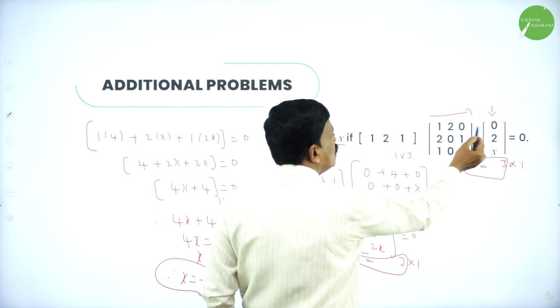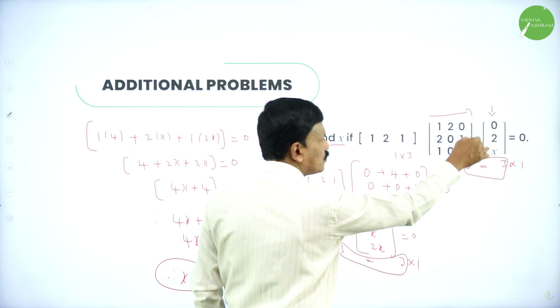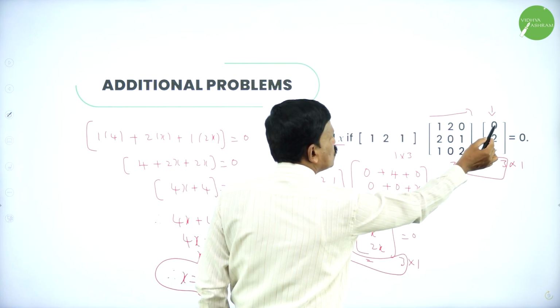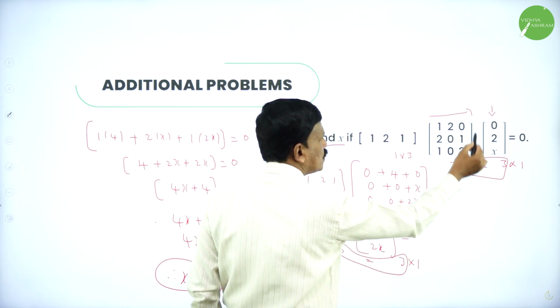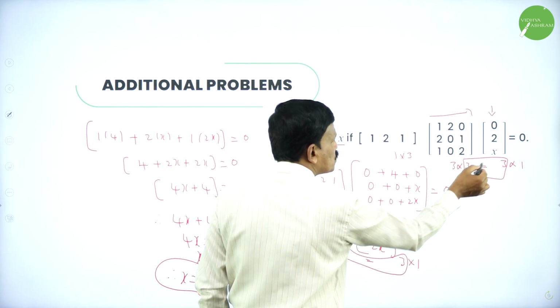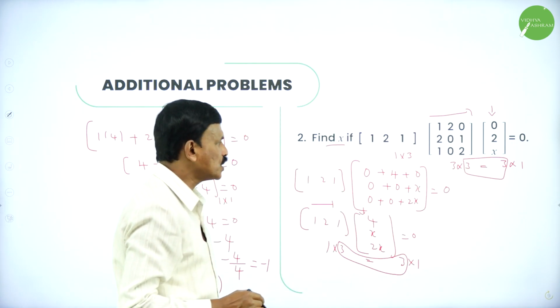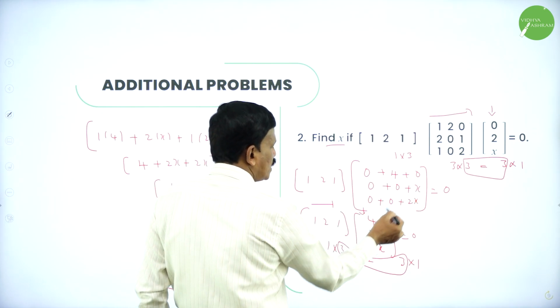First row first column, 1 into 0 is 0, 2 into 2 is 4, plus 0 into x is 0. Second row first column, 2 into 0 is 0, 0 into 2 is 0, 1 into x is x. Third row first column, 1 into 0 is 0, 0 into 2 is 0, plus 2 into x is 2x. Now this is 1 2 1 as it is, 4, x and 2x.